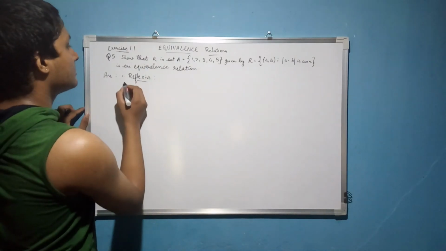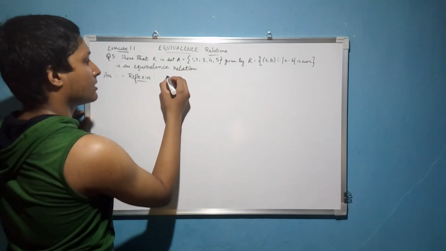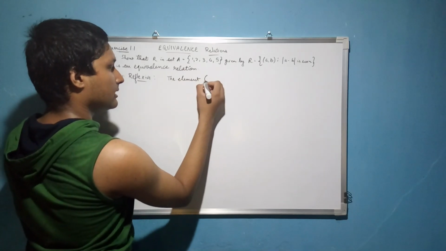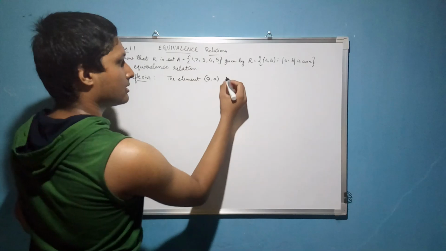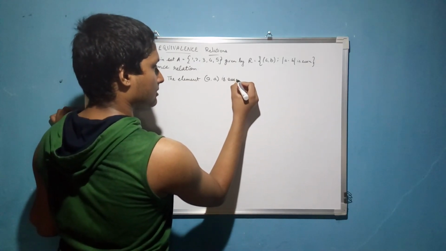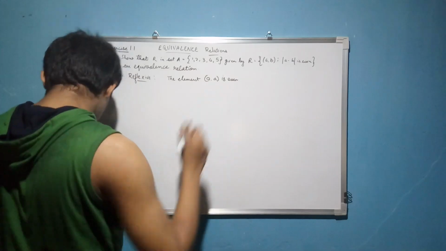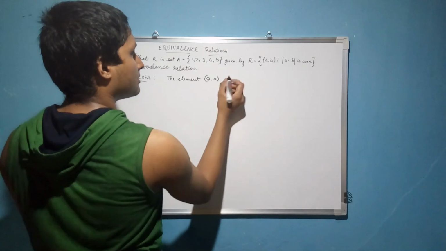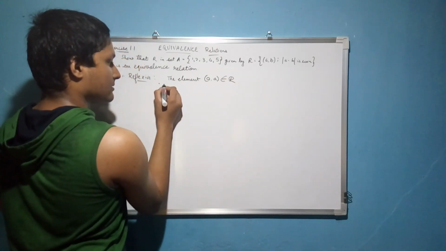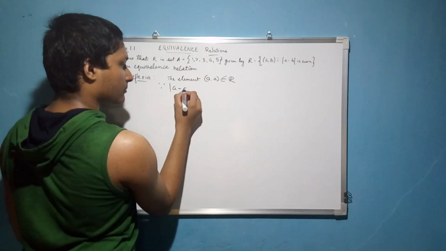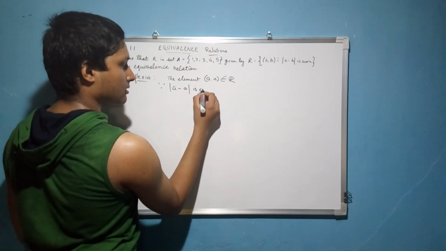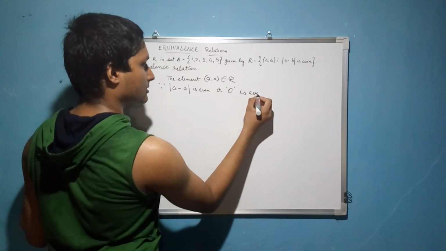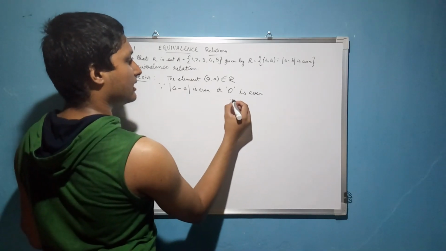So for it to be reflexive, the element (a, a) belongs to R, because modulus of a minus a is even, or 0 is even. Therefore R is reflexive.